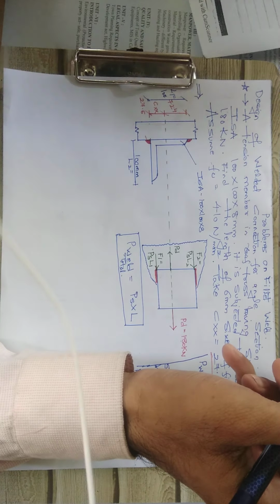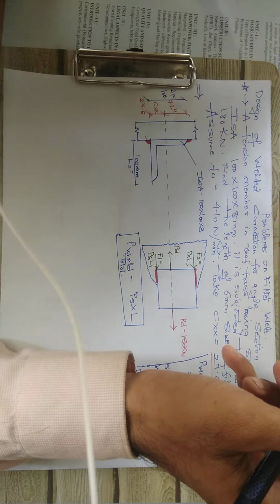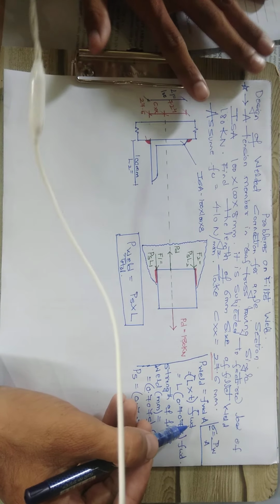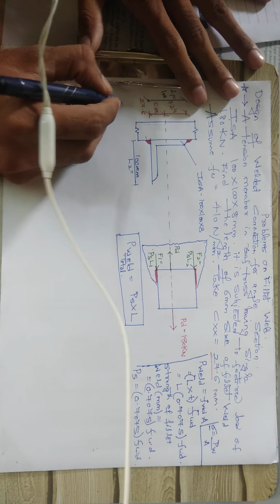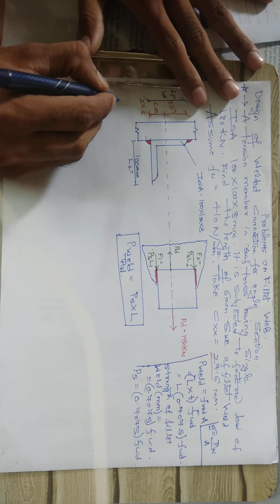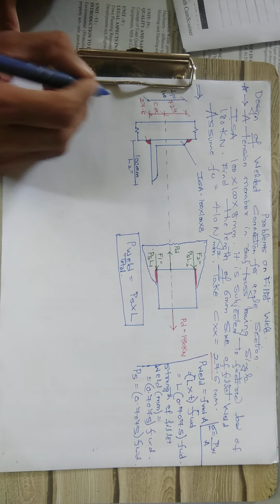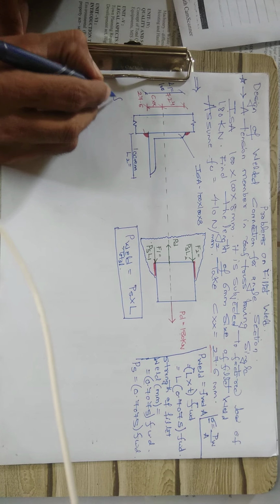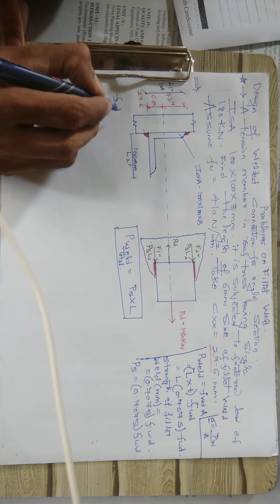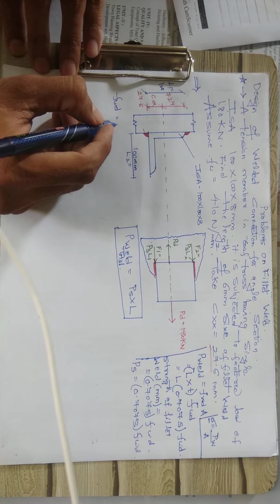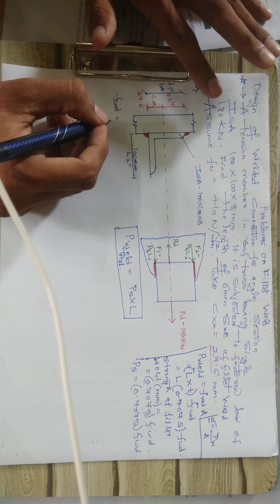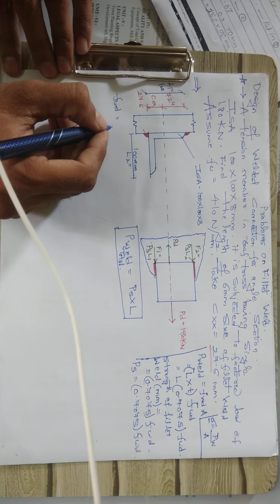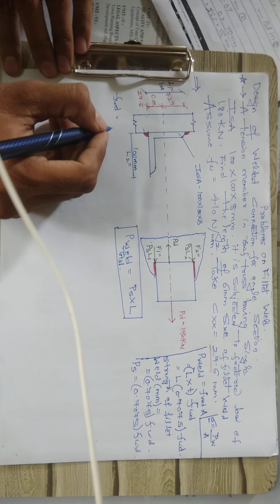Next we will find out the stress; in this formula we are using FWD. So first we will find out FWD, that is the design stress of fillet weld. For this we have to refer to page number 79 of IS 800:2007.